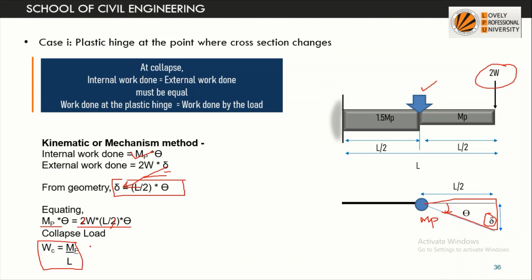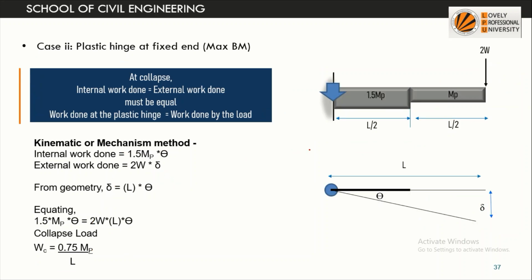Now the second case is that the plastic hinge can form at the fixed end where the maximum bending moment is there. The value of plastic moment is MP, and the rotation is theta. From here tan theta is equal to delta by L, so delta is equal to theta L. External work done will be 2W into delta.